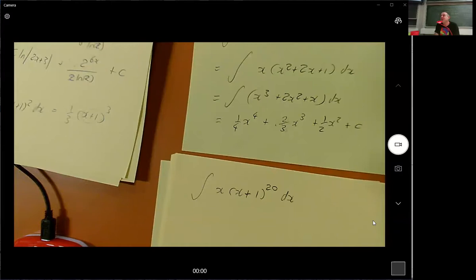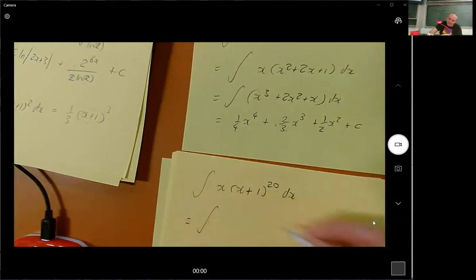Technically, you could expand that out, right? x to the 20 plus 20x plus 20 choose 2 x squared plus 20 choose 3 x cubed and so on. No, right? Watch this. It's so cool. If this had been an x plus 1, it'd be x plus 1 all to the 20, and I could have used that reverse chain rule on it.